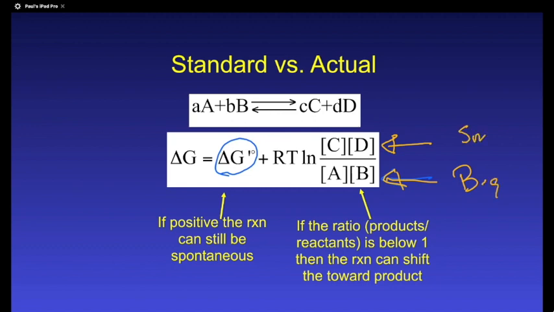Big, small. If by chance I manipulate the system and I give it a whole bunch of reactant and almost no product, you can force it by mass action towards product if you have a large enough difference. The body will use this strategy.